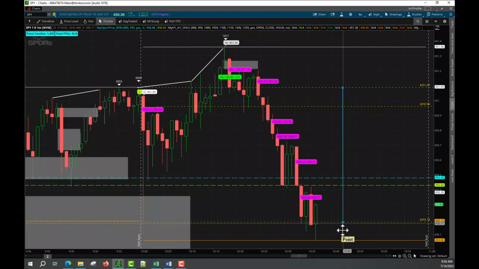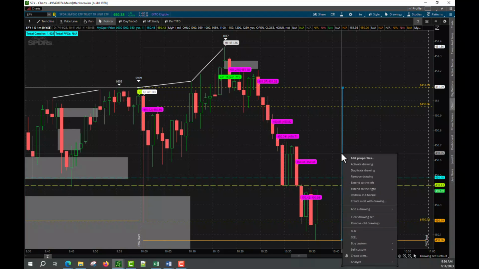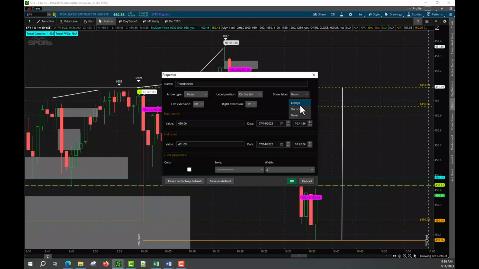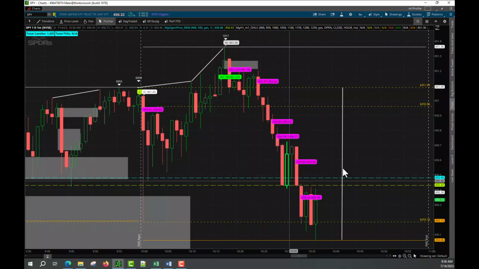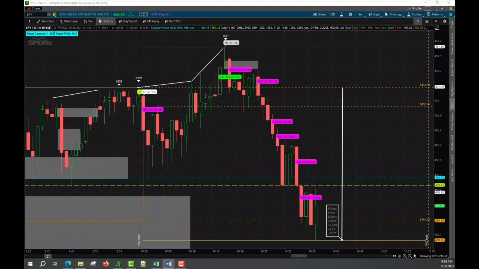Our target is $1. Yeah, $1. 10:36. So the $1 move hit at 10:36 right there.